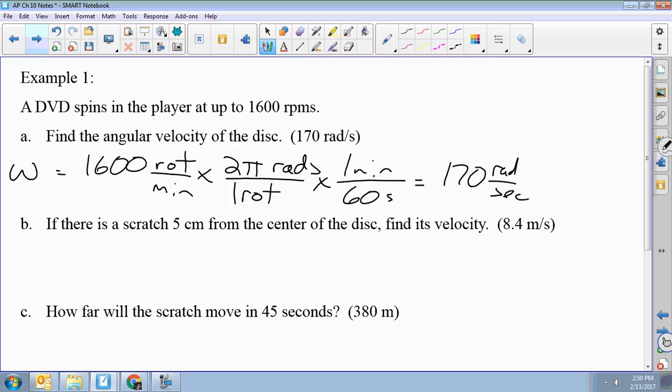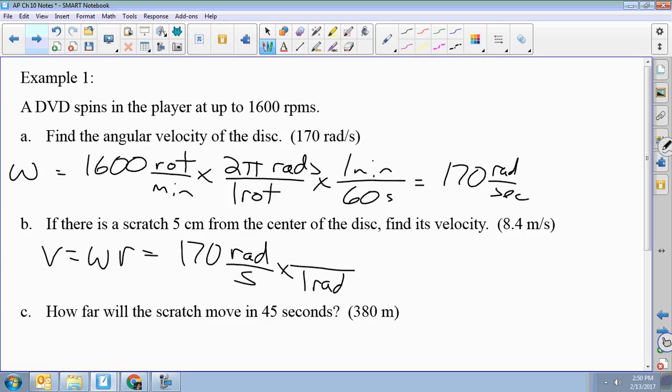That's literally all we're doing. V is omega r. We're going 170 radians every second, and I know that on my circle, because it's got a radius of 5 centimeters, 1 radian is equivalent to 5 centimeters. Every time I go 1 radian, I'm going 5 centimeters.